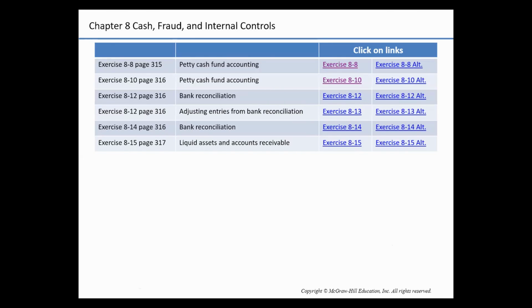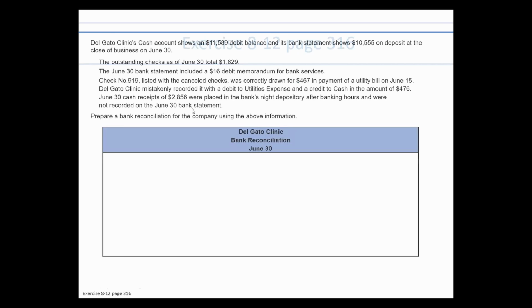Doing a bank reconciliation. All right, Delgado Clinic's cash account shows a debit balance of $11,589, but its bank statement shows $10,555 on deposit at the close of business on June the 30th.